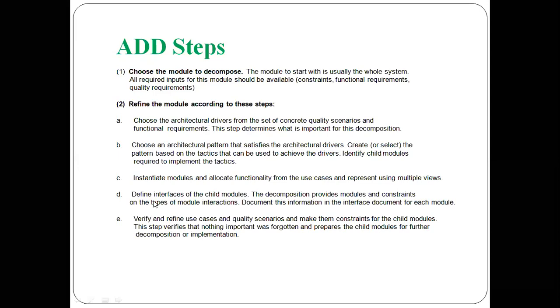The last step is to repeat the steps seen earlier at each and every module, to fulfill the quality and functions at each module. These are the steps of ADD.